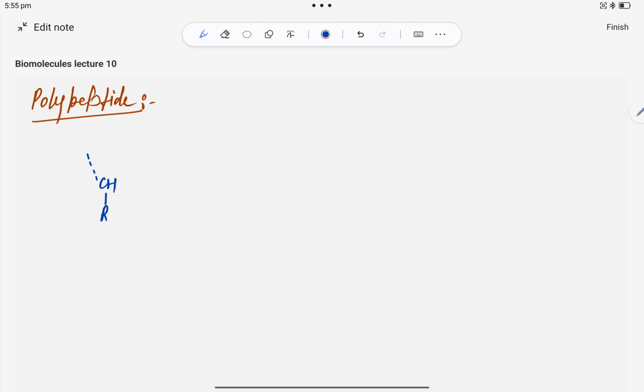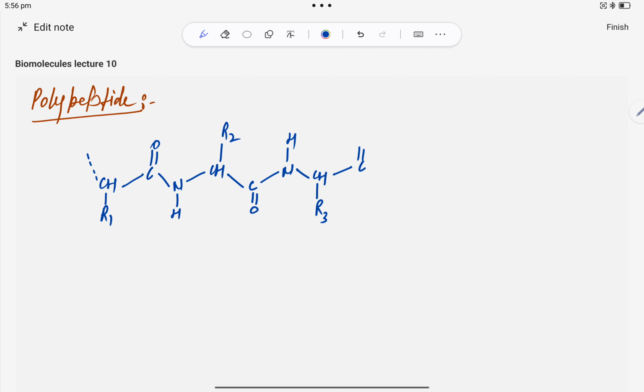CH, R1, C, N, H, CH, R2, C double bond O, N, H, CH, R3, C double bond O, N, H, and so on. This is the unit of polypeptide.